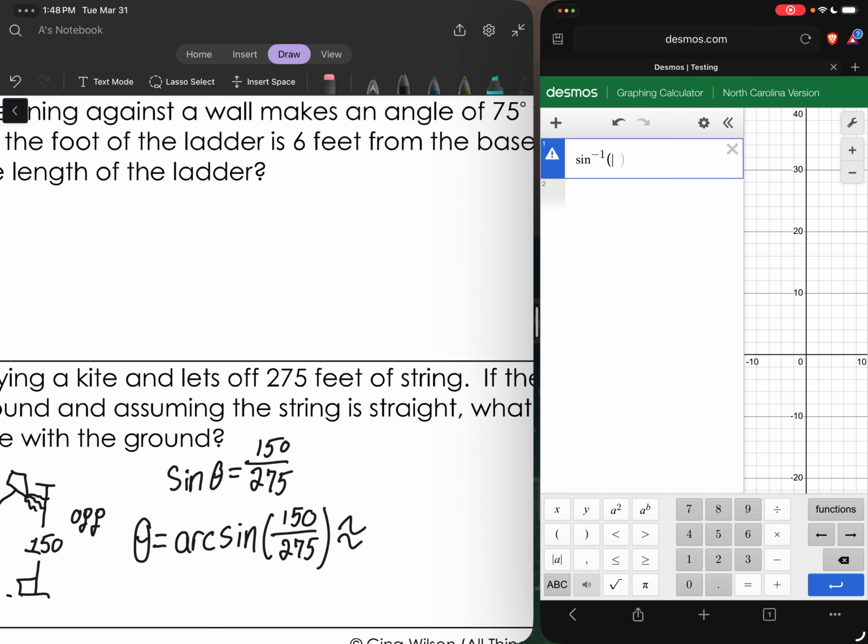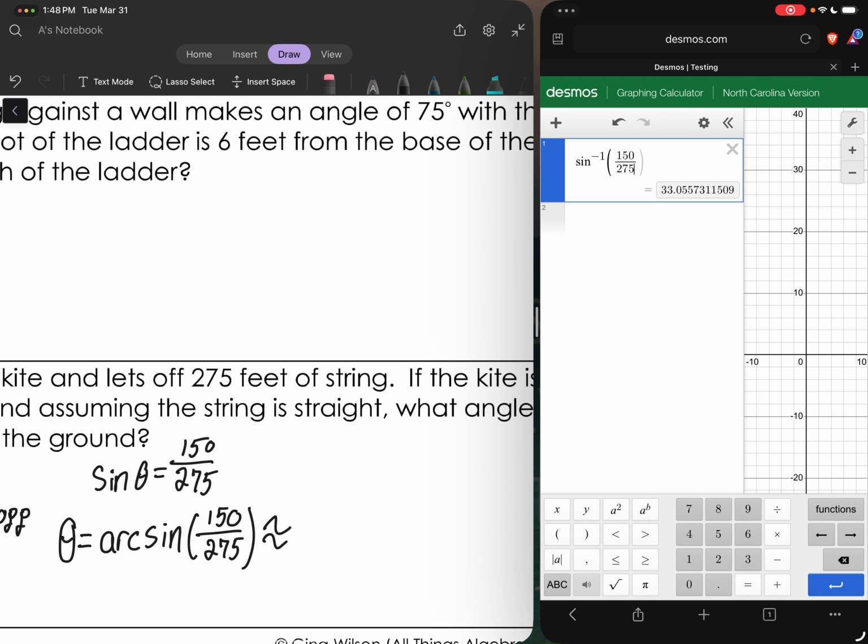I know I'm using the shortcut in functions. That's just because it's a pain on the iPad to get over and type the letters. So I'm taking a shortcut. Please type in arc sine. That way I know you won't mess up later. That is equal to 33.1 degrees. Finished.